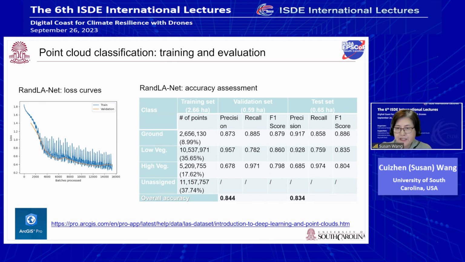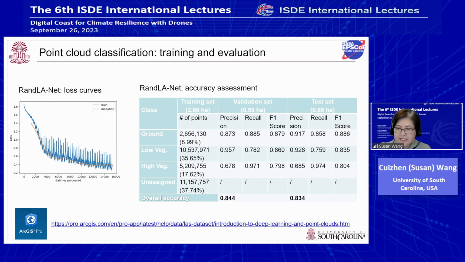Just for the evaluation, it's not as beautiful as the high resolution raster data, the deep learning results there. Here, the point cloud classification overall accuracy is about 83-84%, and the ground has a general good results.